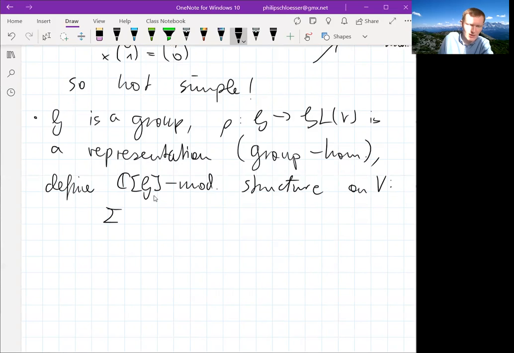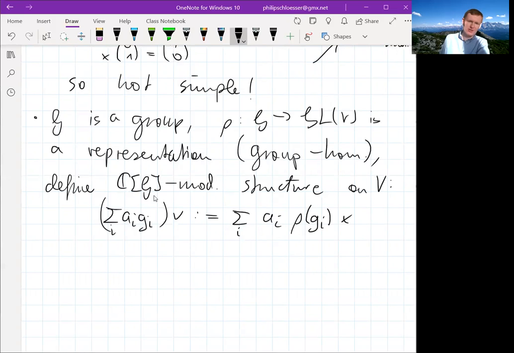A general element of CG is some linear combination, and we multiply it by a vector by saying that it should be this thing here. So we are using the coefficients as coefficients. We are saying, okay, the individual elements of G act on V by means of this representation. And that's it.